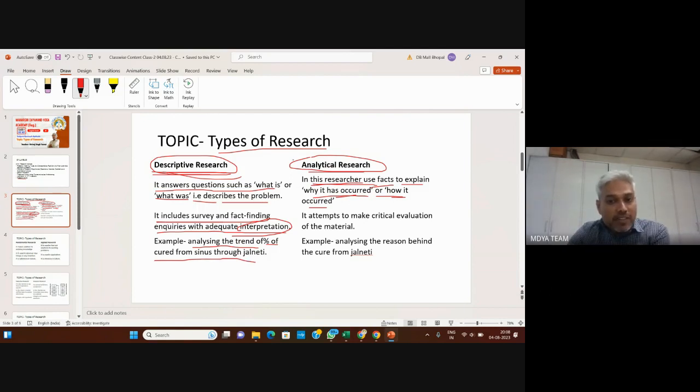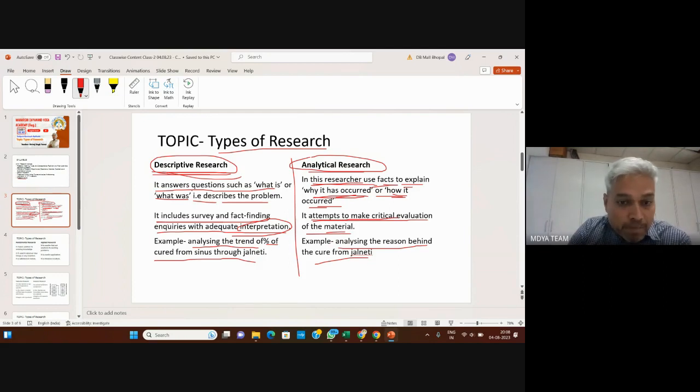In comparison, as I have already mentioned, in analytical research the researcher uses facts to explain why it has occurred, how it occurred. It attempts to make a critical evaluation of the material, right? Here, the analytical research example is analyzing the reason behind the cure from jalneti, right?